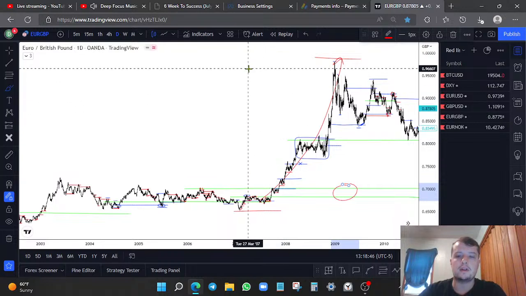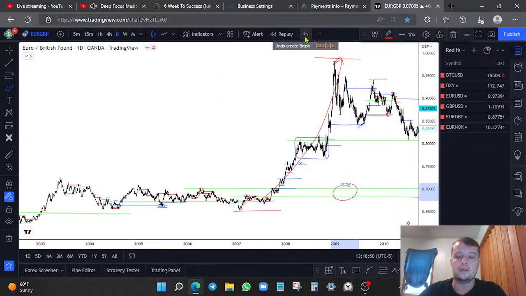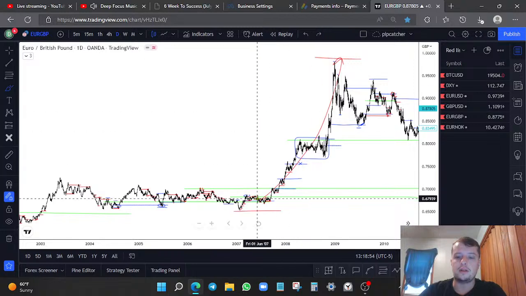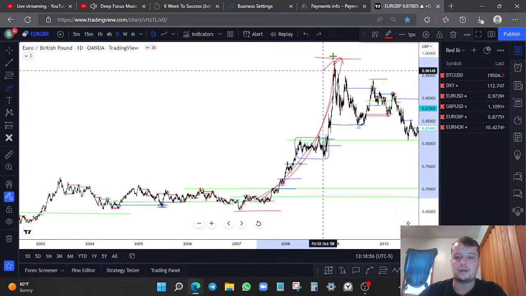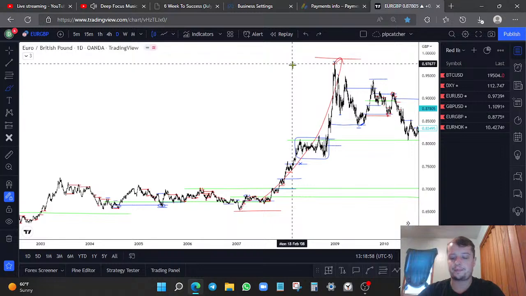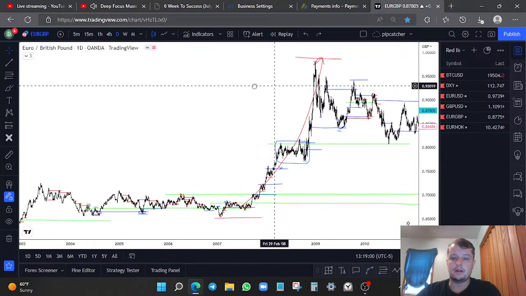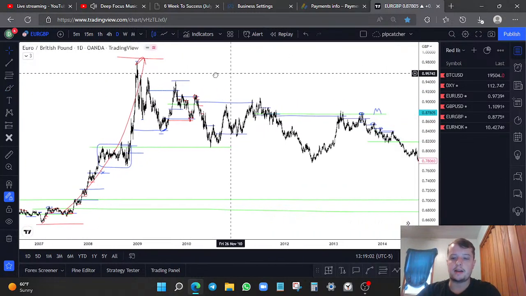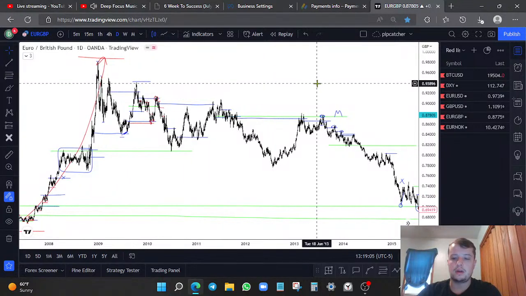But you also have to understand the monthly time frame was bullish at this point. So what do we see? A huge push to the upside. And now price has to shift structure.